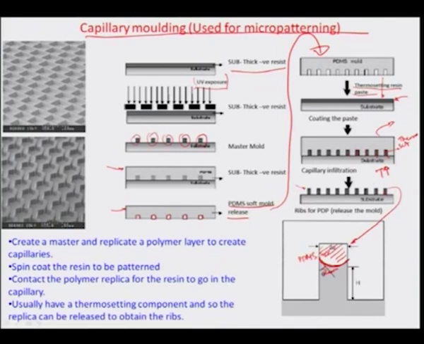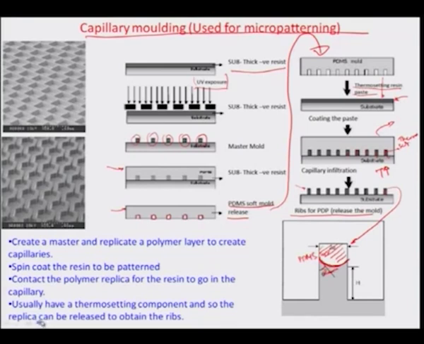And so, therefore, this allowance has to be taken into picture beforehand, so that you can have a proper accurate imprinting of these ribs of the thermosetting plastic material. So, this is capillary molding used for micro patterning of substances.